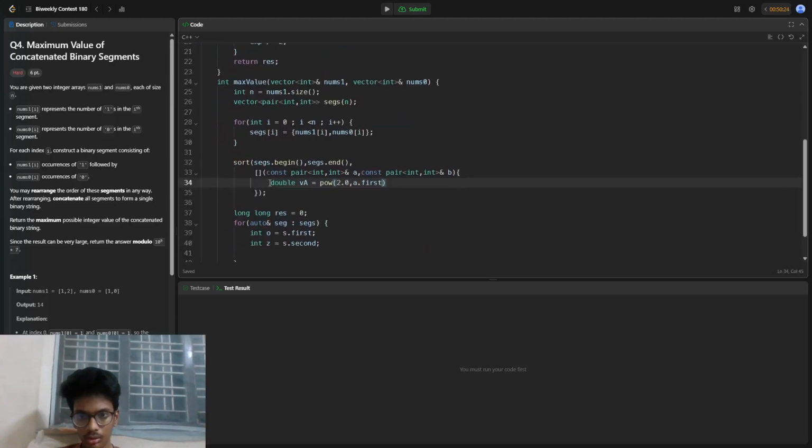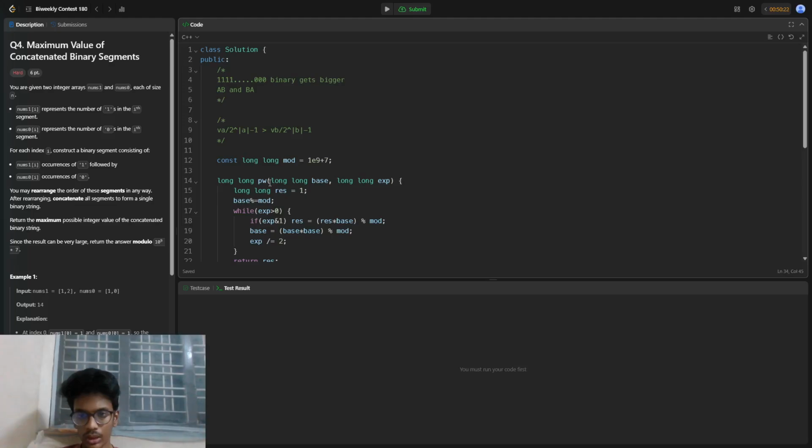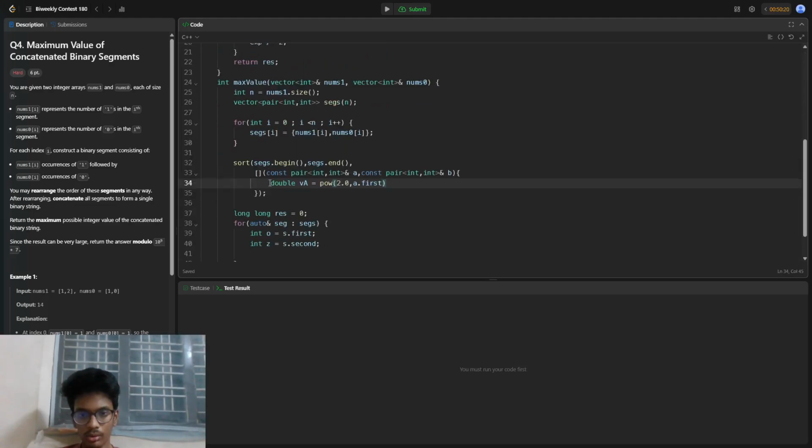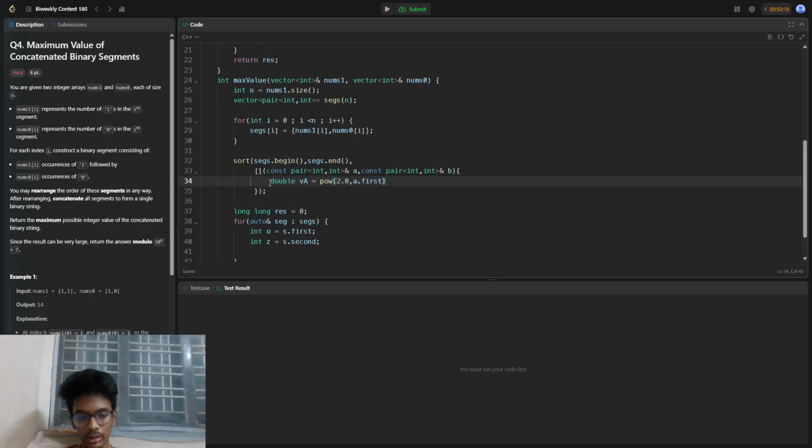2 power BA was 2 power. Okay, A dot first plus A dot second, right? A dot second. This was it. A dot first. Wait a minute, what was the expression?